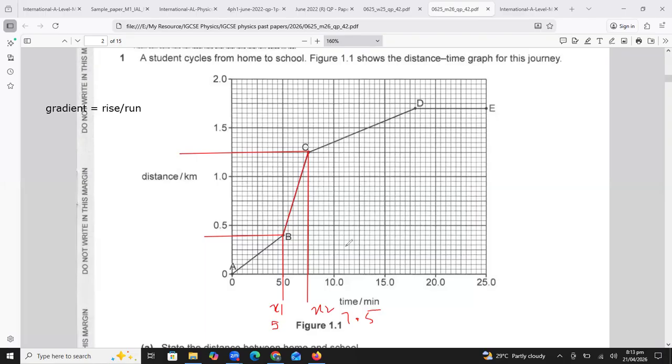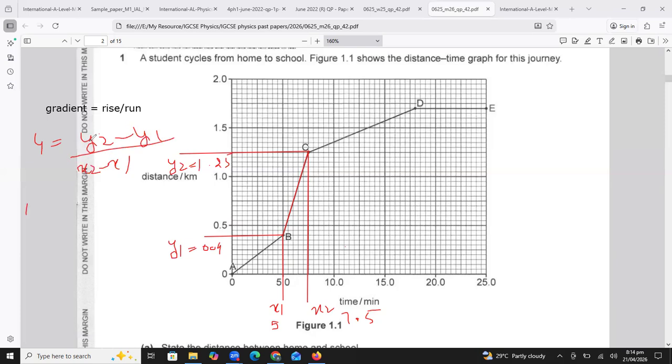So it is 7.5. And what is the value of Y1, students? You can see the Y1 value is 0.4 and Y2 value is 1.25. Okay, students. So now what is the formula of gradient? Gradient formula is rise over run. Okay, so rise means Y2 minus Y1 divided by x2 minus x1.